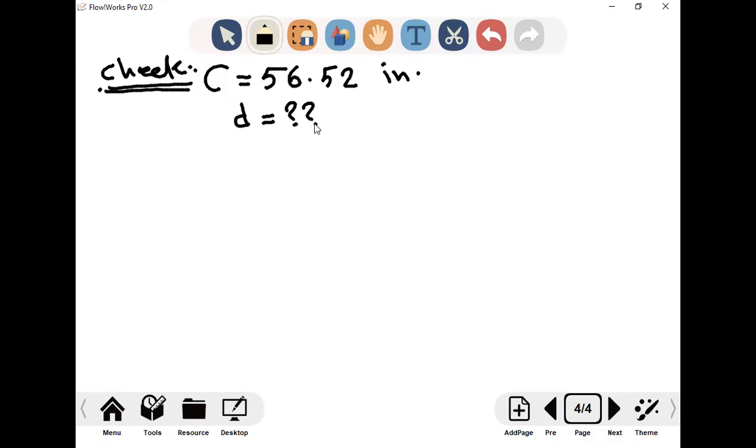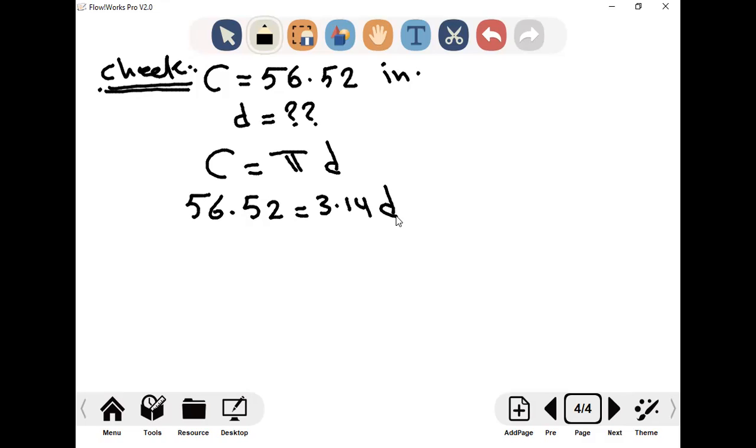Same steps. I will write the formula, replace the given, and the unknown or wanted stays, then it is a normal multiplication equation. C equals pi multiplied by D. C is how much? 56.52 equals pi, 3.14, multiplied by D. I don't know D, right? Now, what I will do, this is a multiplication equation. I will divide both sides by the coefficient, which is 3.14.